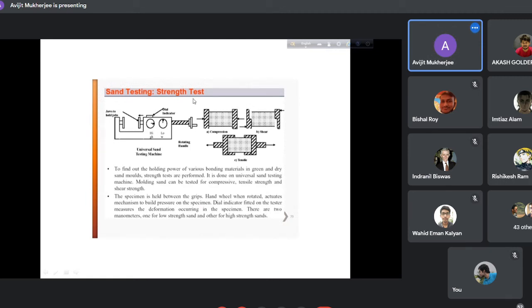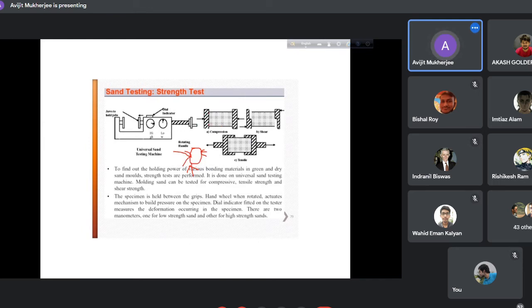Insofar as the strength is considered, both compressive strength, that is compressive force. You know what is compressive force? If say this is a sand sample, pressure is applied from all the sides, so that is a compressive force. To withstand the external pressure like this, you should measure.